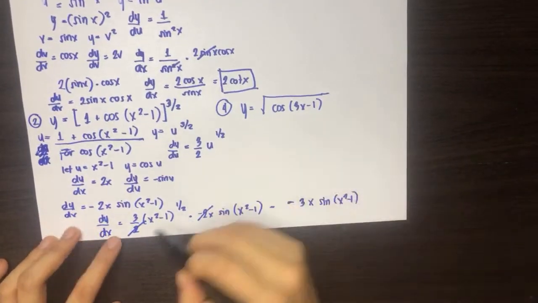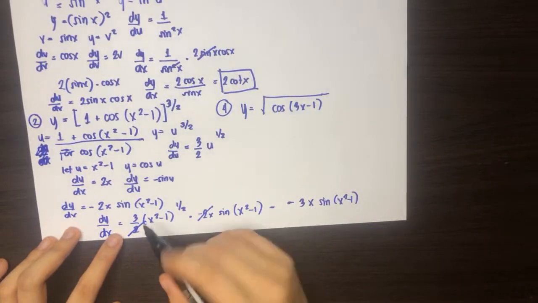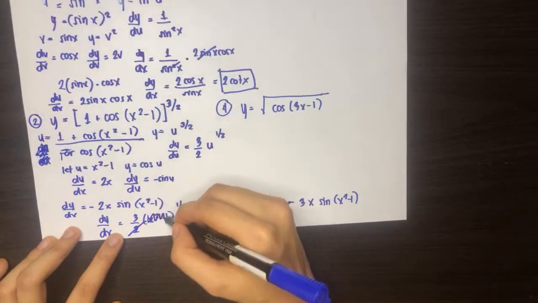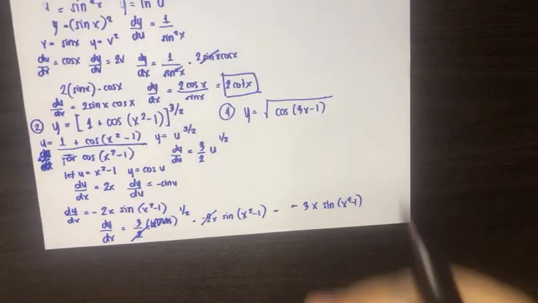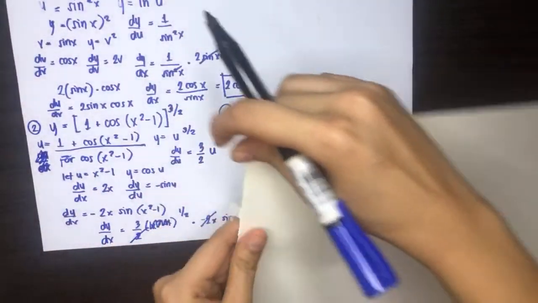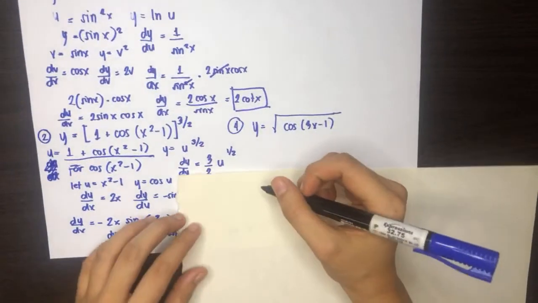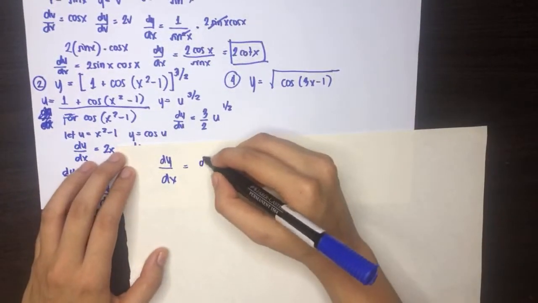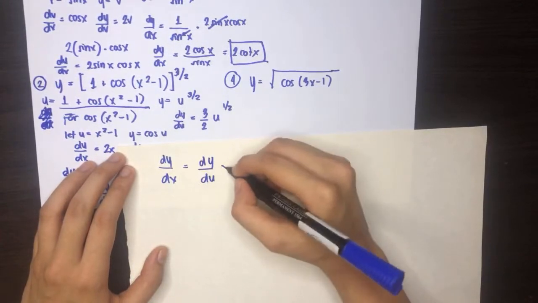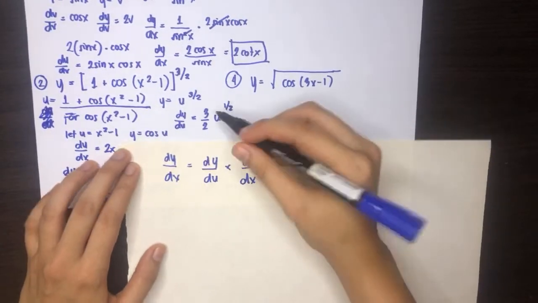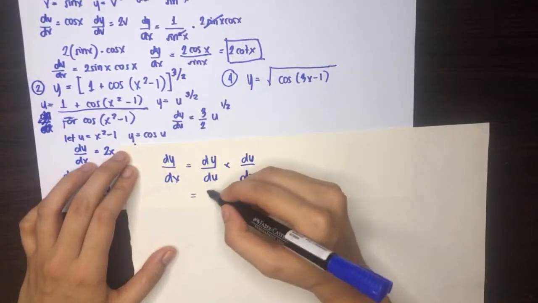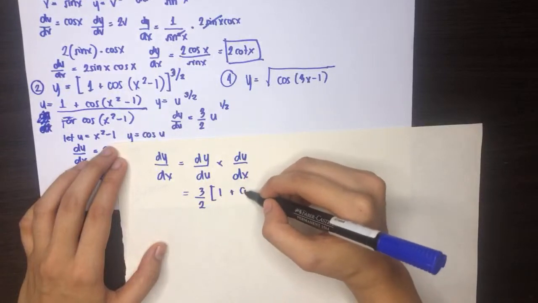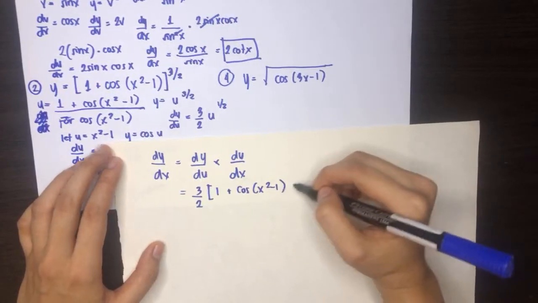Mali pala. Si u, ito palang u is mali. Ulit guys. Kapag sinubstitute ko pala, we have dy over dx, which is dy over du times du over dx. So, ito si dy over du natin. 3 over 2 u. U is 1 plus cosine x squared minus 1 pala.